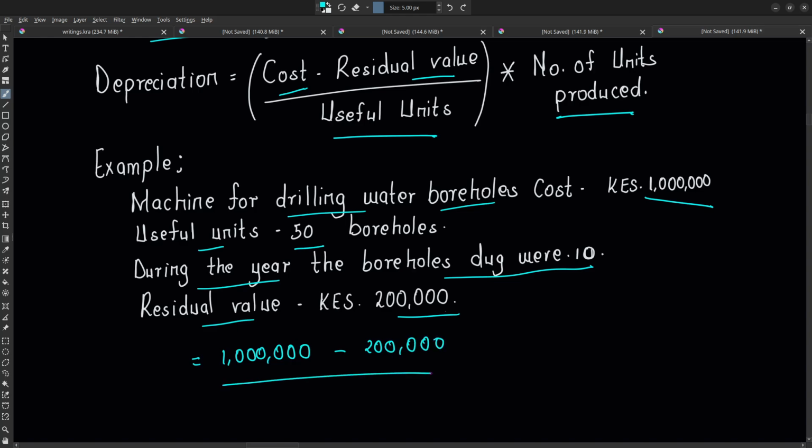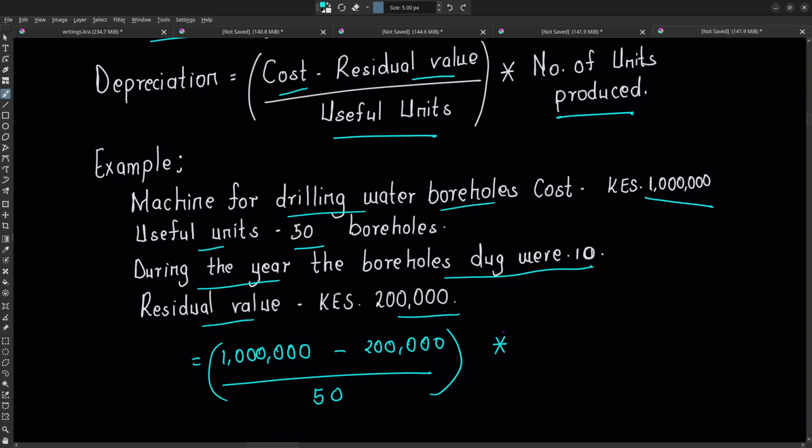And the useful units are the units that it can produce. We've checked and seen that after we produce these units, it is not going to be effective to use these assets. So we have 50 boreholes, and this is basically like the depreciation rate in this instance. Then after getting that, we multiply by the number of boreholes dug during that period.